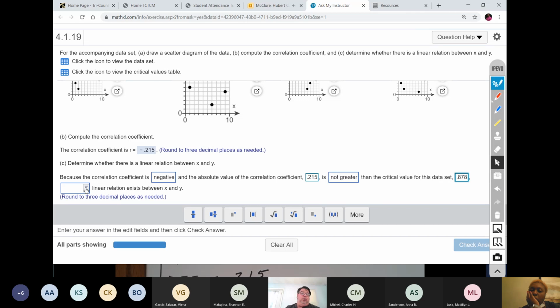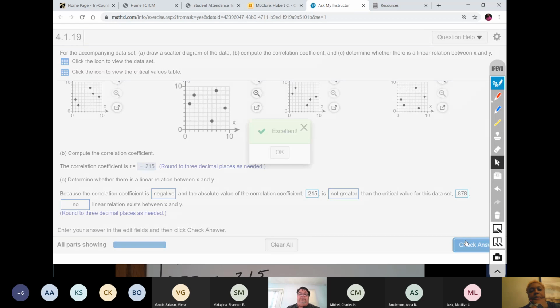Therefore, no linear relation exists. If it's not greater than 0.878, then there's none. Now, if you had a negative that was greater, that the absolute value was greater, then you would have a negative correlation. But here we have none. That's it.